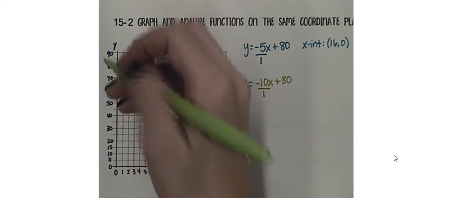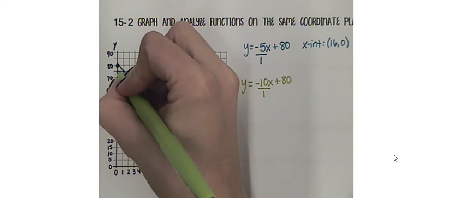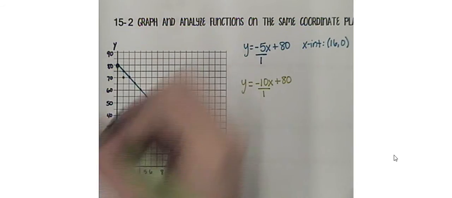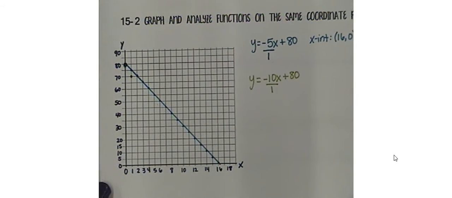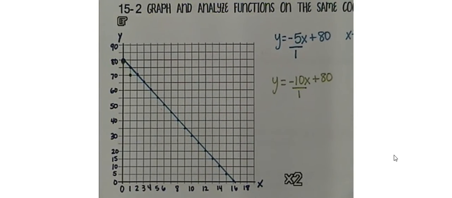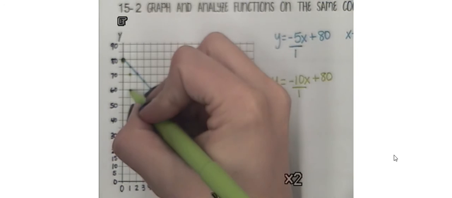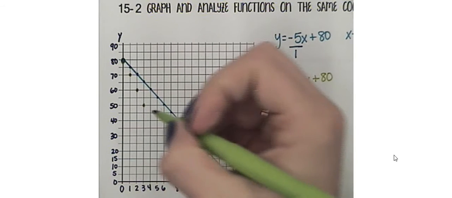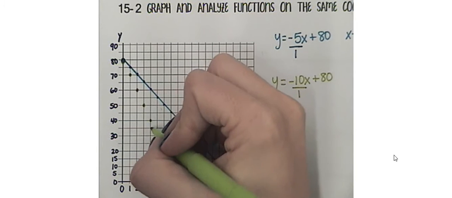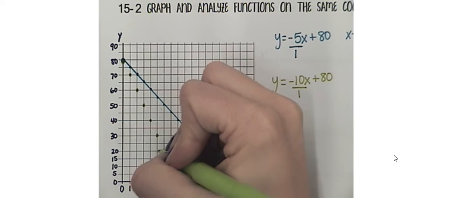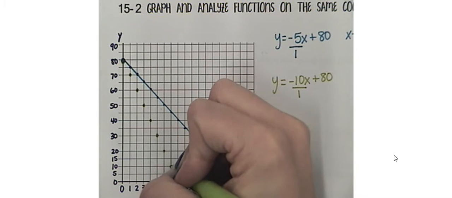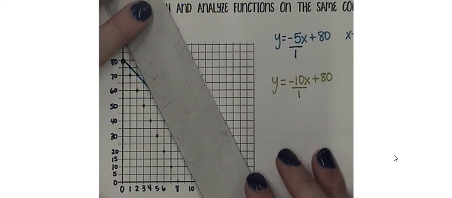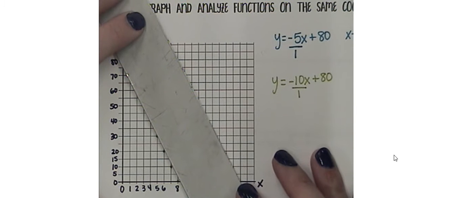We're still starting at 80 and go down 5, 10 over 1. So we need to go down 2 boxes this time. 5, 10 over 1, so that's 2 boxes. And again, use a ruler so your line is nice and straight.